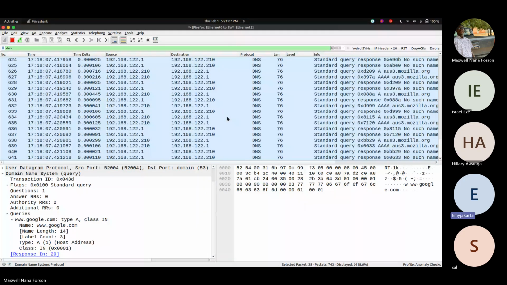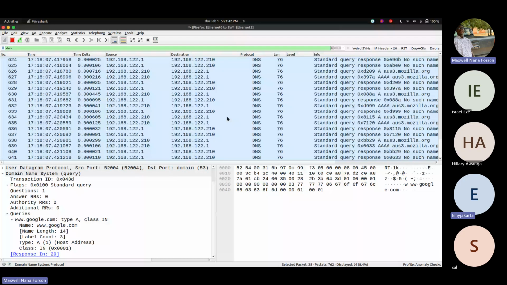Like what you just did now, is it the same thing as typing ping google.com on a terminal? Not exactly. Ping uses a different protocol, which we will get to. But the thing is that anytime you have a name that has to be resolved, right? For example, if you have my number and you're going to call me, you go to your contact and look for my name, right?